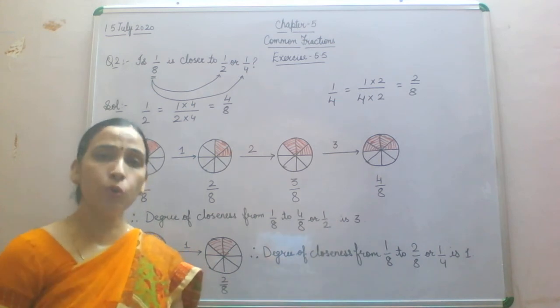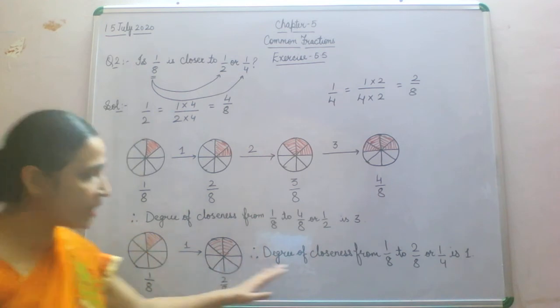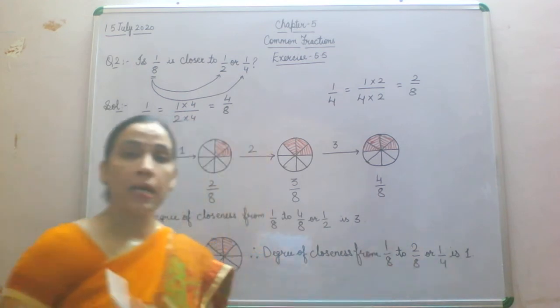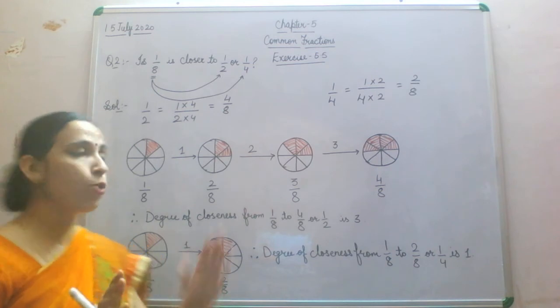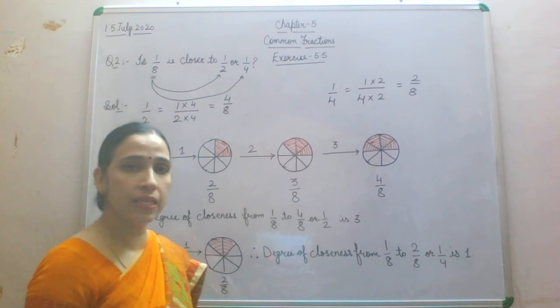So what I have told you just now: whosoever degree of closeness is less, that fraction will be closer to 1/8. So what will be the answer here?